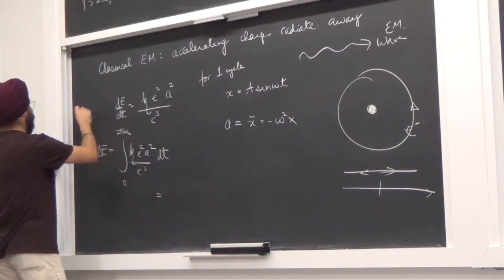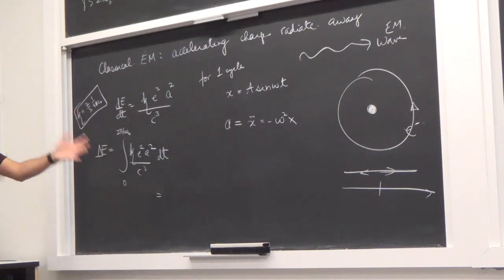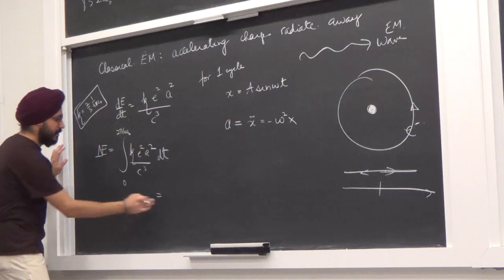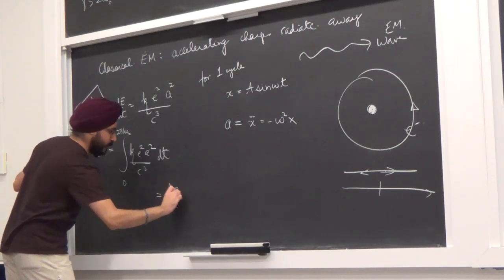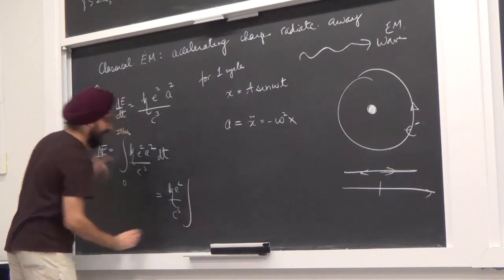Kappa was a constant. If you want a number, it's 2/3 times 1 by 4 pi epsilon naught. It just depends on the permittivity of free space with a bunch of numbers in it, and pi is just a number. I can pull them out. Kappa is a number, e squared is a number, c cubed is a number. I have the integral of A squared dt.